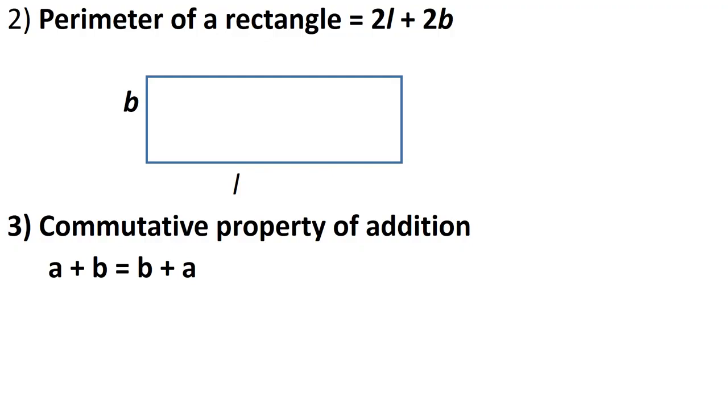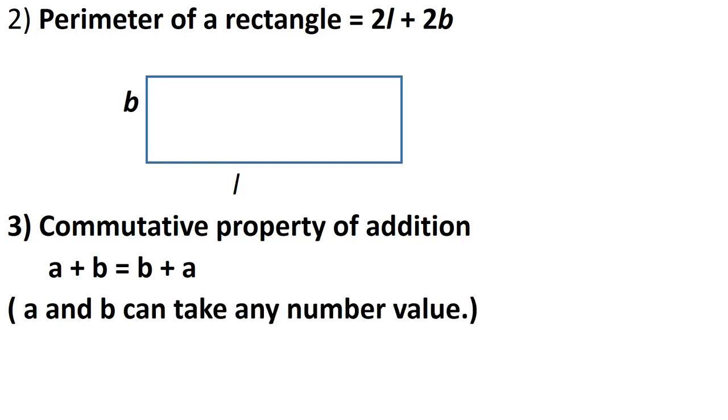Let A equal to 2 and B equal to 3. So 2 plus 3 equal to 3 plus 2. Or if A equal to 4 and B equal to 5, then 4 plus 5 equal to 5 plus 4. A and B can take any number value.